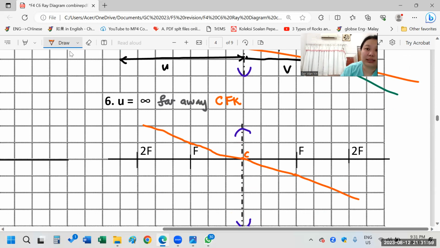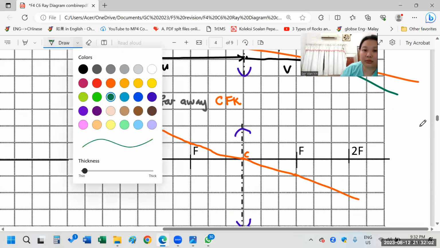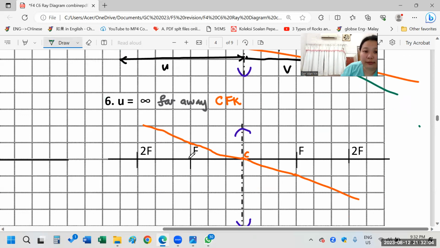Okay, let's use green. It goes through the alpha, parallel to the C. So it's like this. See? Just now I drew 3 grids. So 3 grids parallel, goes through F. So next is K after that like this.